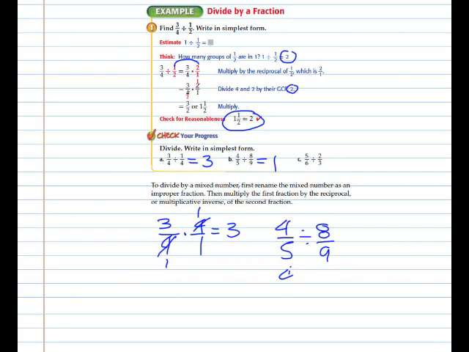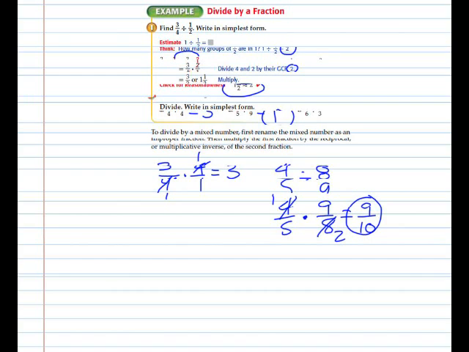My estimate's going to be about 1. I'm going to rewrite 4/5 divided by 8/9 as 4/5 times 9/8. I can simplify here and here by dividing by the common factor of 4. Numerator times numerator, denominator times denominator gives me 9/10, which then again is in agreement with my estimate of 1.